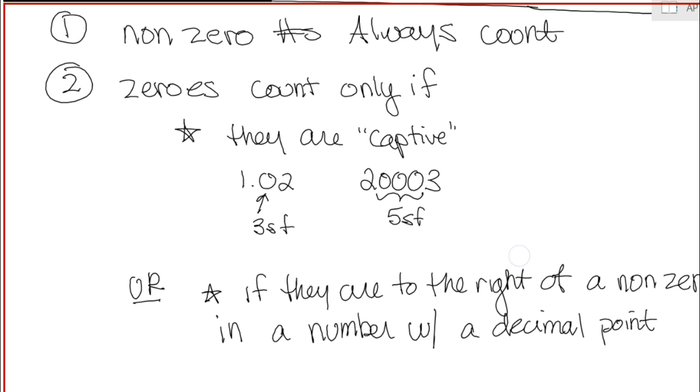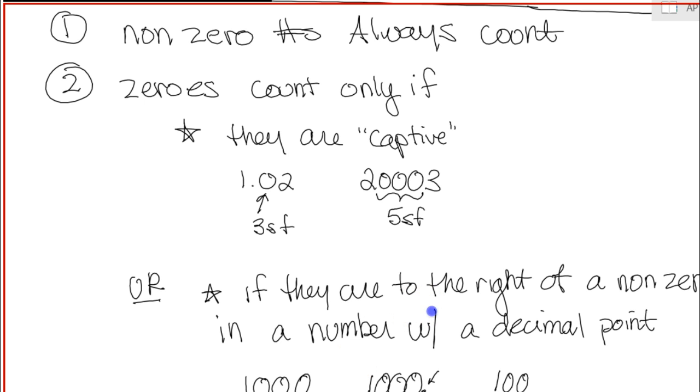Okay, so an example of that, I'll give you a counterexample first. This number has 3 zeros to the right of a non-zero integer, but there's no decimal point, so that has 1 sig fig. This number, which you may think is the same, a mathematician might think is the same, but a scientist knows has a completely different precision, has 4 sig figs because there's that decimal point there and the numbers are to the right.